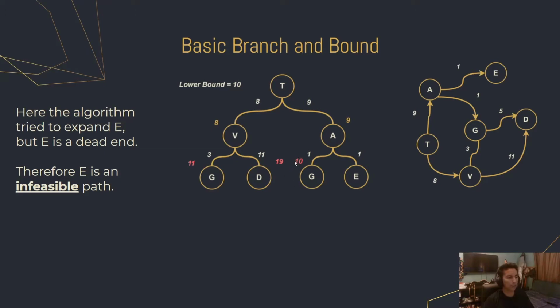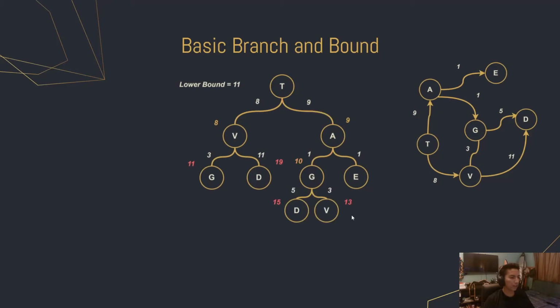So now we see that 10 is our lower bound, TAG. We branch that. Now we look again. So we have 11, 19, 15, and 13. We branch TVG. Now we see we reach D. We also reach D here, but we can't say that this is our absolute best solution just yet because there exists this 13 over here.